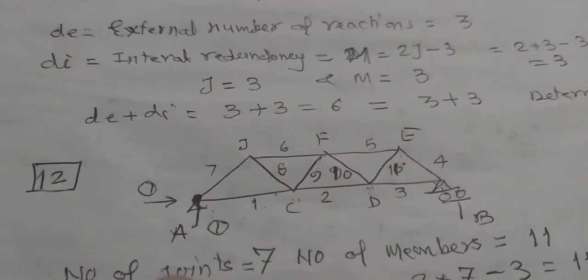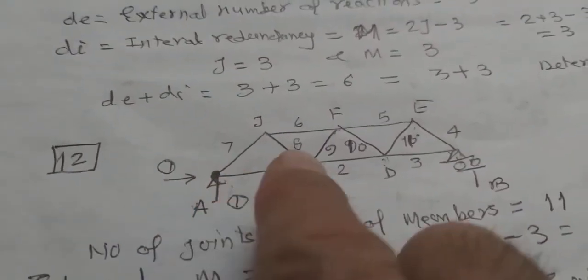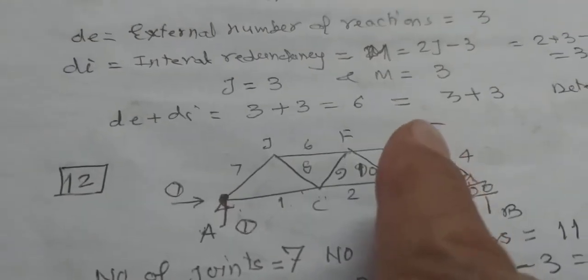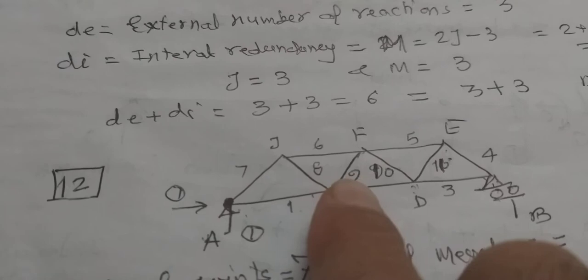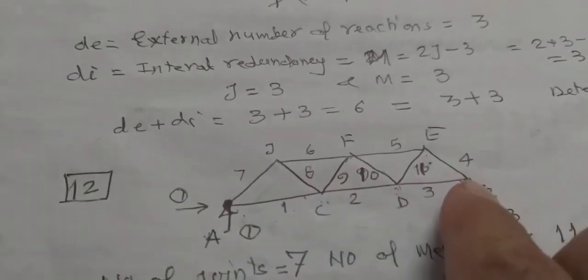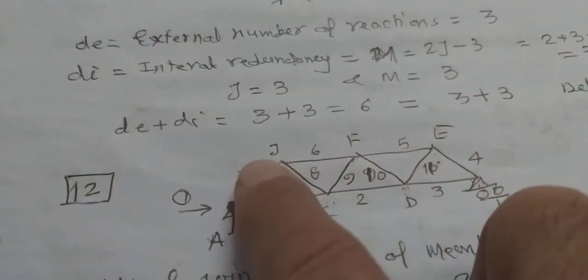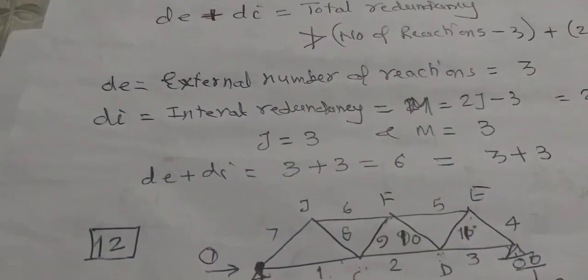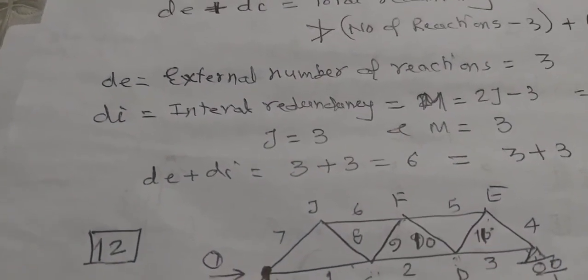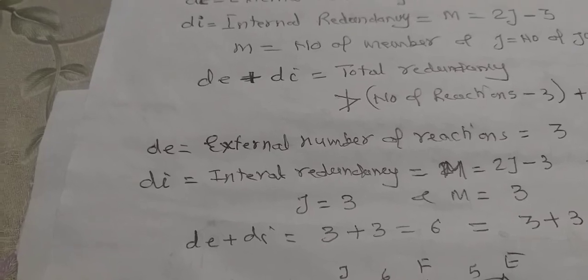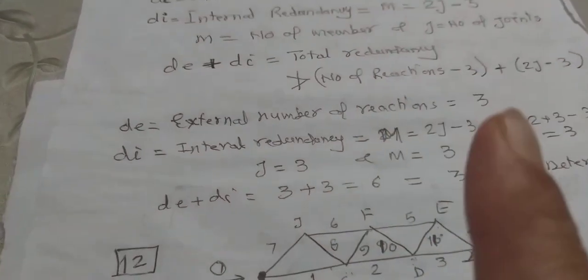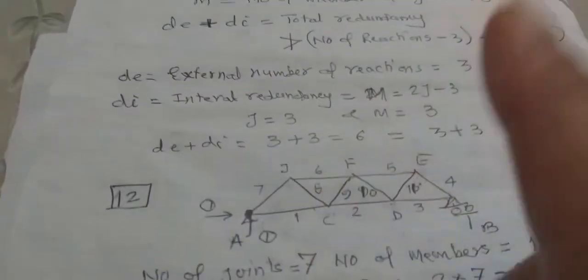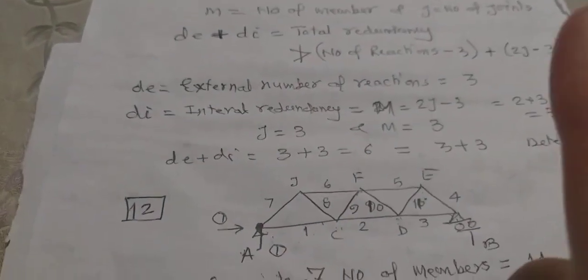So externally there is no redundancy so far. Now internal redundancy can be seen by considering only the number of joints and number of members. Let us see how many joints are there: 1, 2, 3, 4, 5, 6 and 7. Total number of joints are 7. 2j minus 3, 2 into 7 minus 3, that is 14 minus 3, that is 11, must be equal to the number of members.